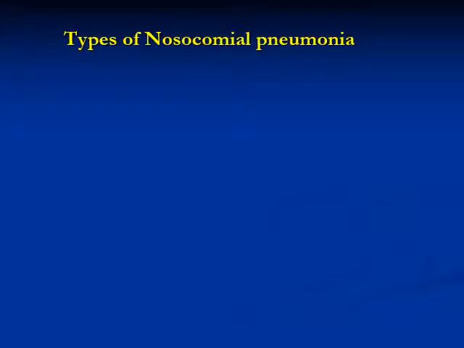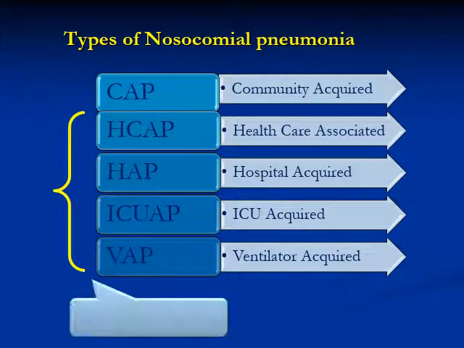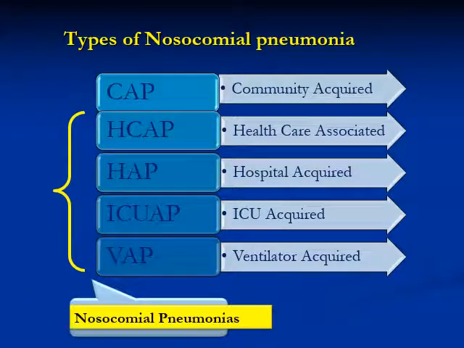What are the types of the nosocomial pneumonia? The first one is community-acquired pneumonia, I discussed it. But the types of nosocomial pneumonia include the healthcare associated pneumonia, meaning patients who work in the healthcare and develop pneumonia.